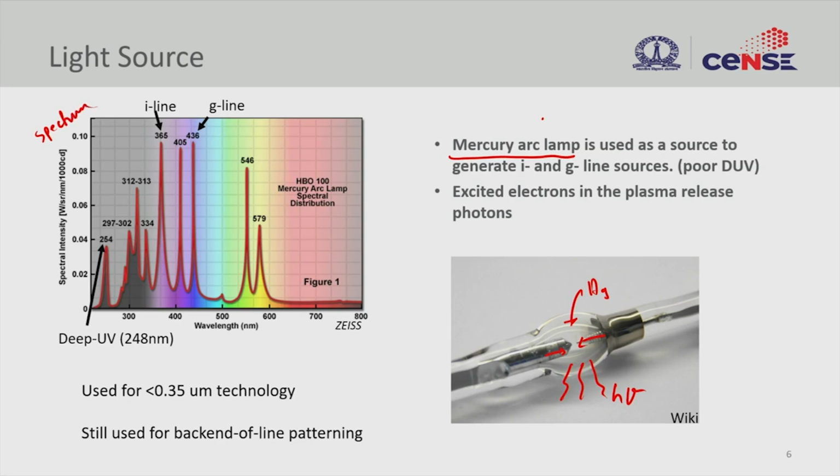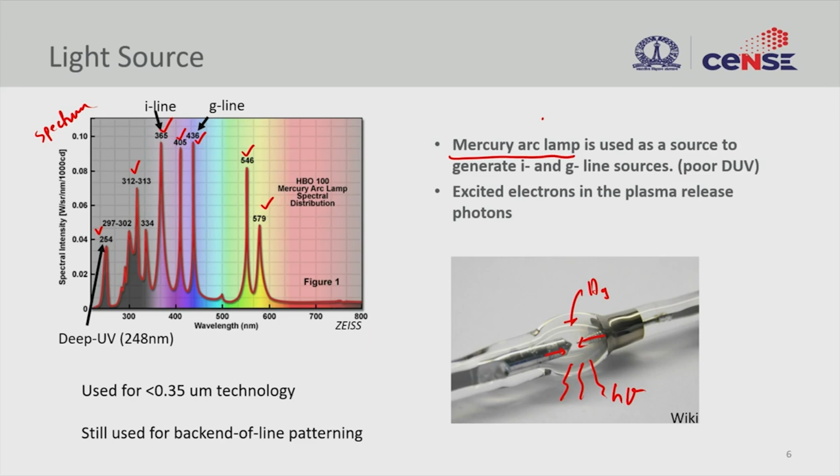You can clearly see here peaks corresponding to the transitions in mercury, and you also see the peaks are not at the same intensity level. Some of them are very strong and some of them are very weak. The 365 nanometer and 436 nanometer are very distinctive, 405 as well.